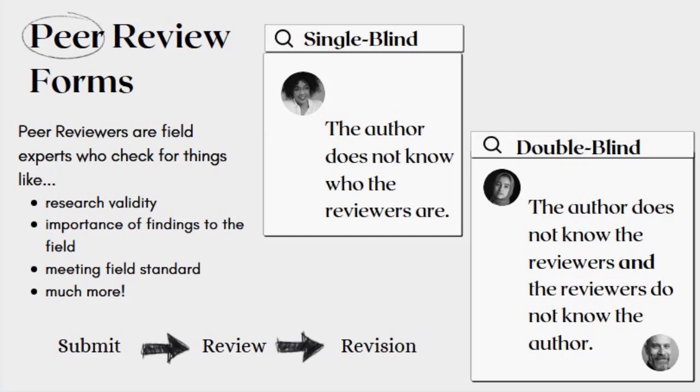Two types of peer review that are most common in academic publishing are single-blind, meaning the author of the paper does not know the identity of the reviewers, and double-blind, meaning that both the reviewer and the author are anonymous to each other. So, why is peer review important?